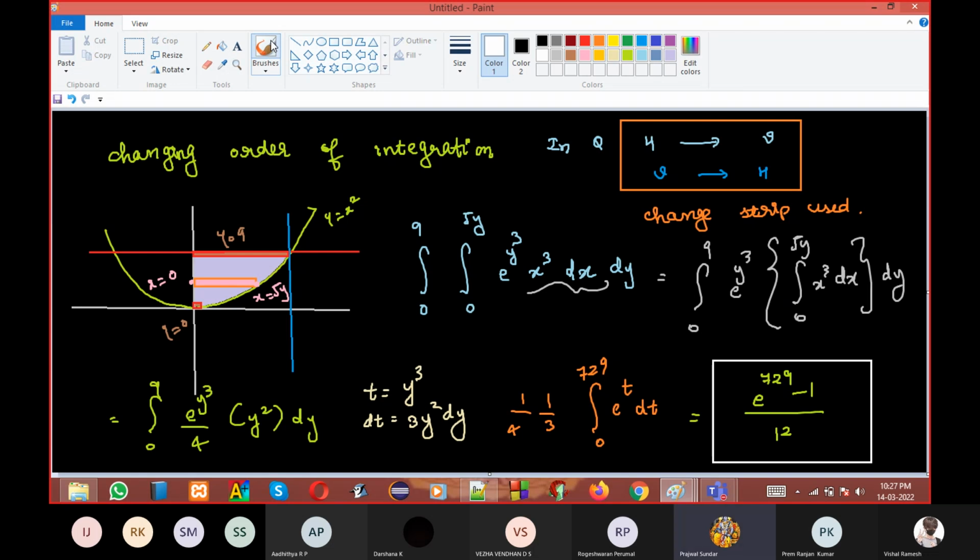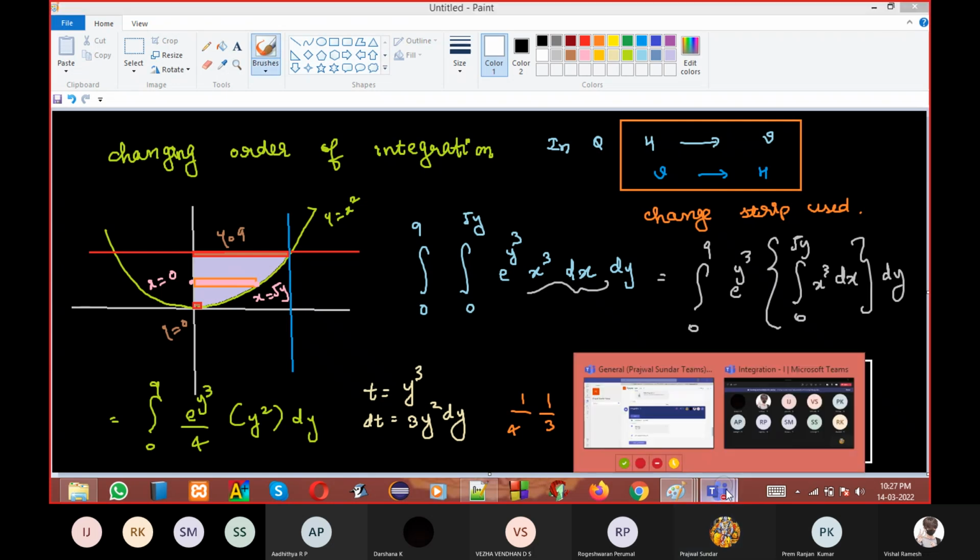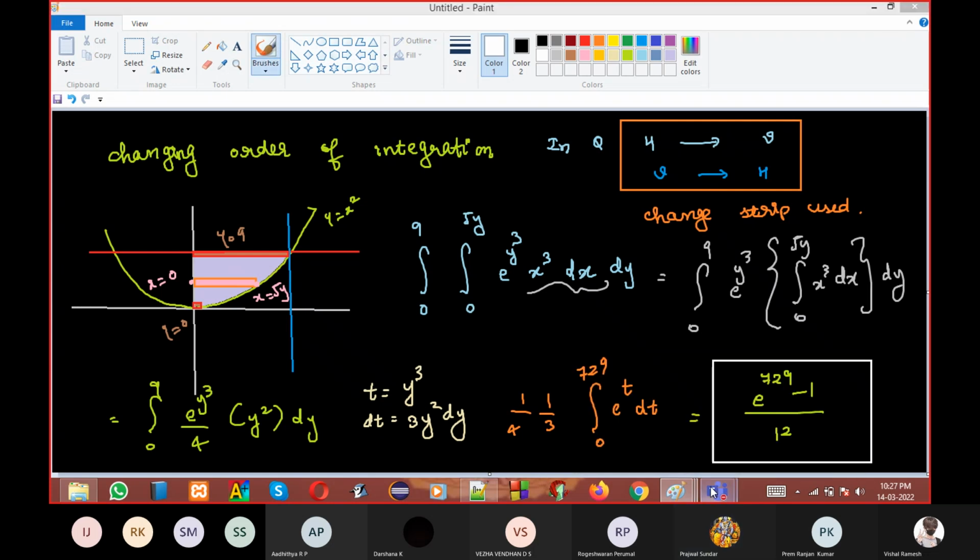Can I proceed? Yes, sir. Simple, no? Any doubt in this? See, changing order of integration means if the question is given horizontal strip, you change it to vertical strip. If they are given vertical strip, you change it to horizontal strip. That's the only thing.